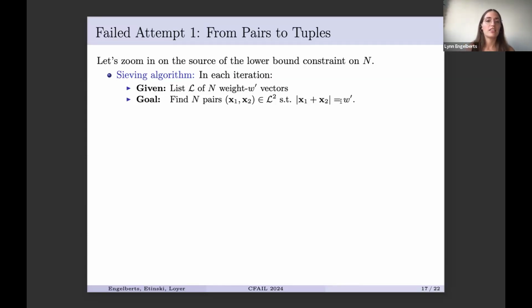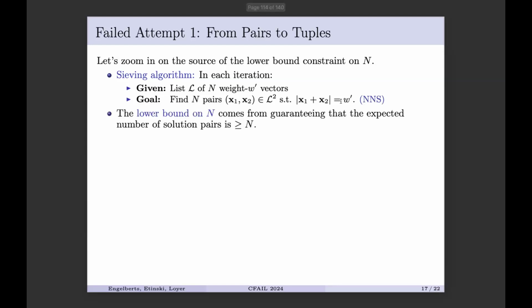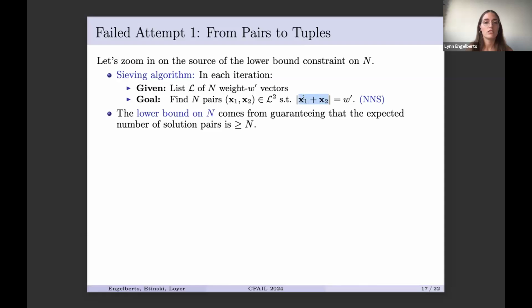And this is precisely the near neighbor search problem that I was talking about before. Now the lower bound on capital N comes from guaranteeing that the expected number of solution pairs is at least capital N, because we want to find capital N solutions. Note there are N squared pairs, and if I denote the probability that a random pair satisfies this Hamming weight constraint by P, then we want that N squared times P is at least N, so this inequality holds.